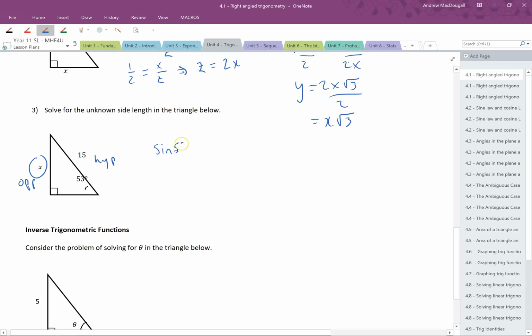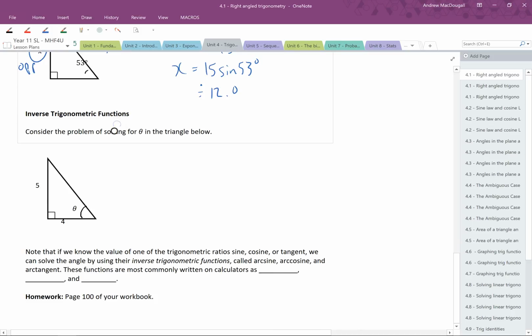The sine of 53 degrees must be the opposite over hypotenuse. So x is 15 times the sine of 53, and let me get my calculator. In degree mode, sine of 53 times 15 is 11.98, rounded to 3 sig figs, it's 12.0.